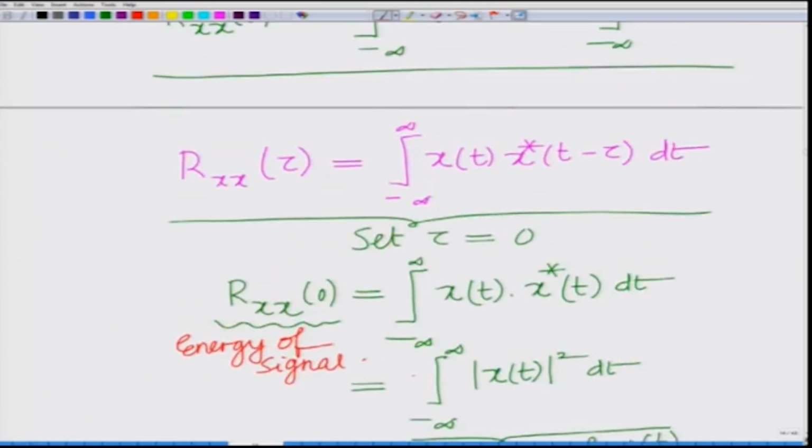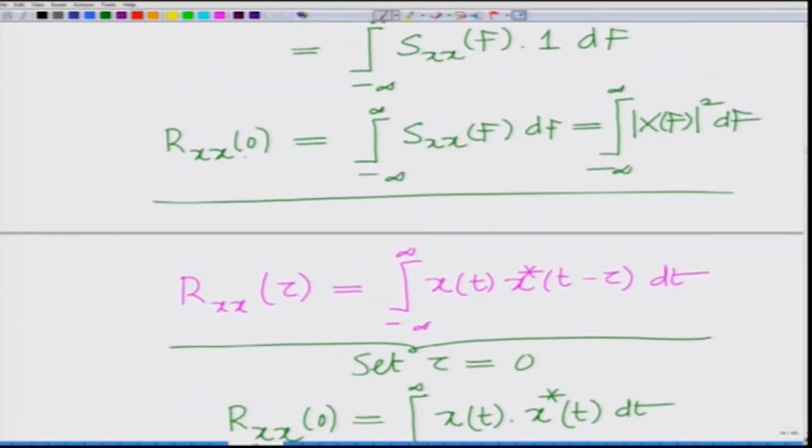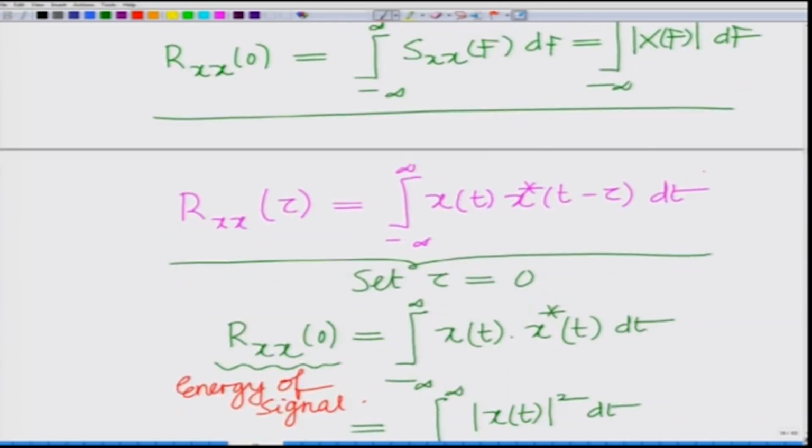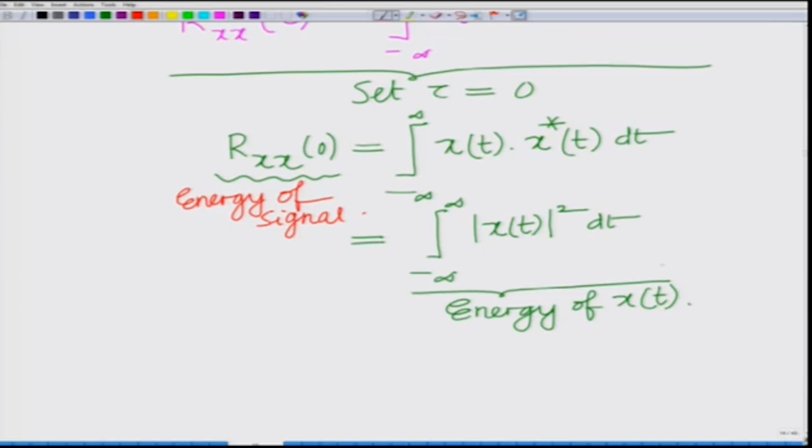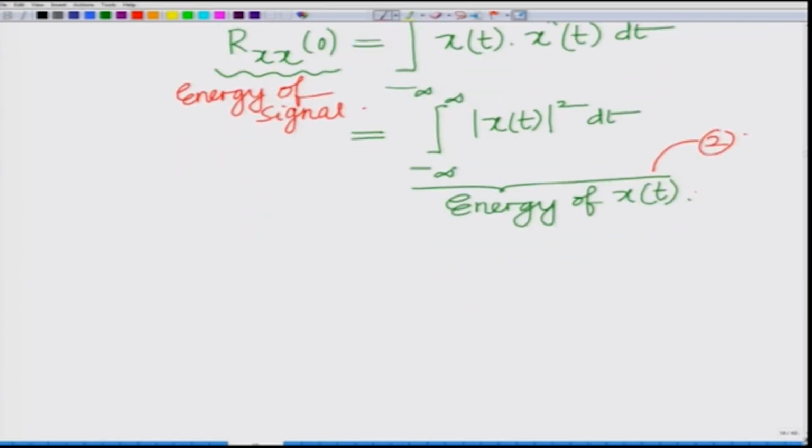And from here we have R x x 0 is basically integral minus infinity to infinity magnitude x f square df. So, let us call the first result 1 and this result 2.